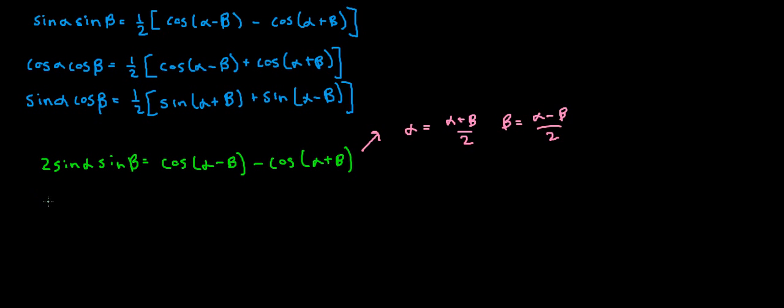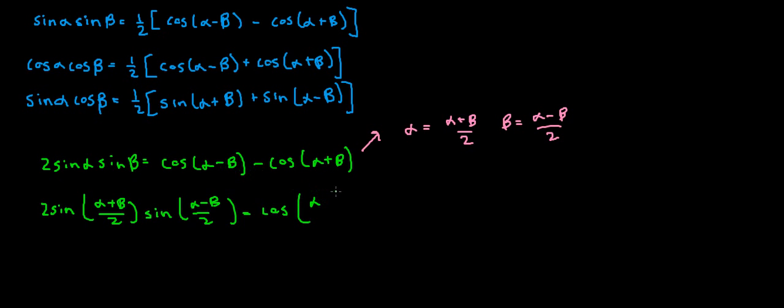So if I go ahead and make these substitutions, I'm going to substitute in alpha plus beta over 2, and then beta is alpha minus beta over 2. And same for this one.